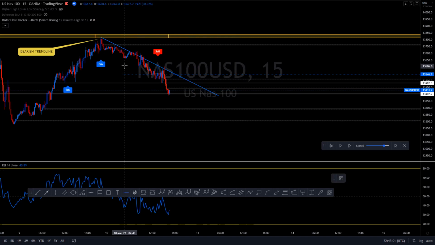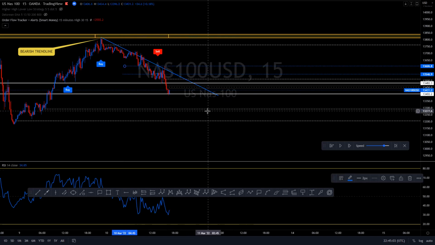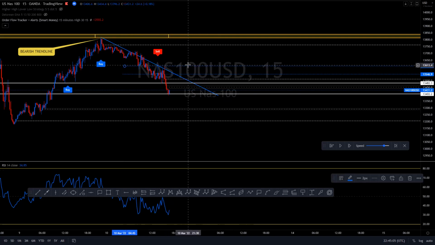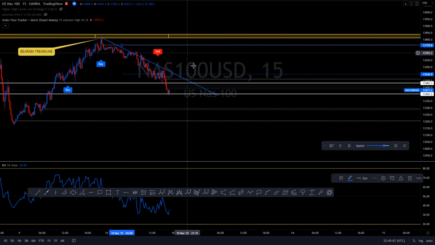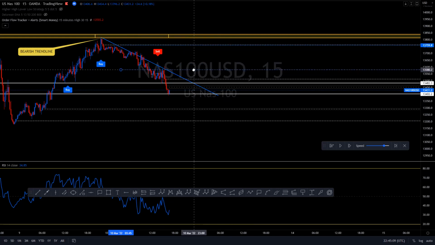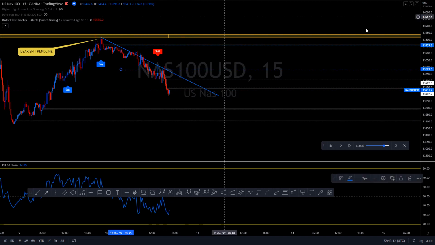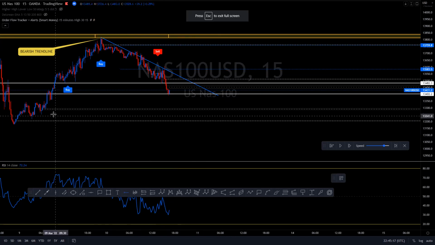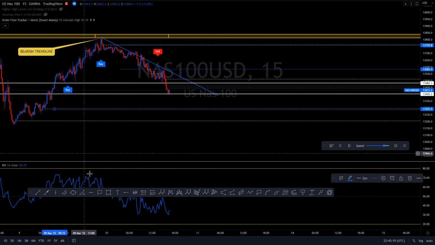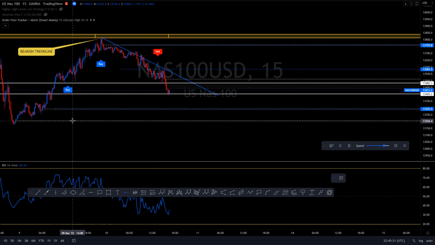Maybe this take profit 2, because it might just mitigate this area and go down. But if it buys up, then I might make this take profit 2. Maybe make this take profit 1. Yeah, that's what I'll be looking for. If it sells, take profit 1, take profit 2.